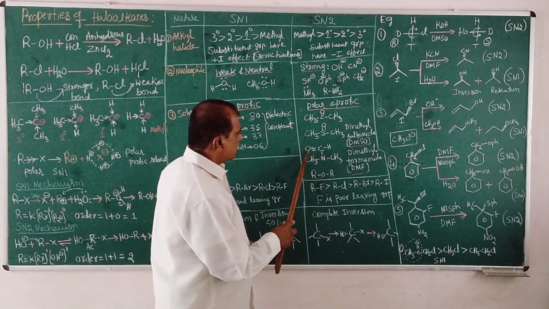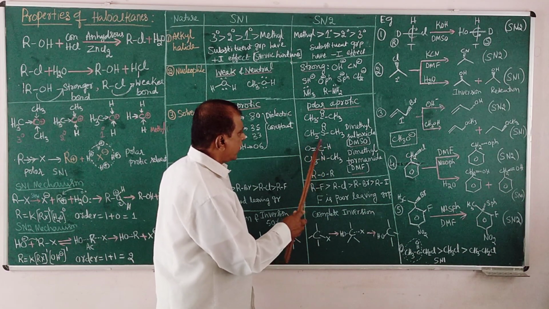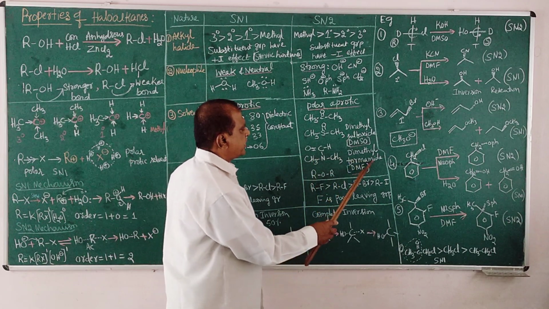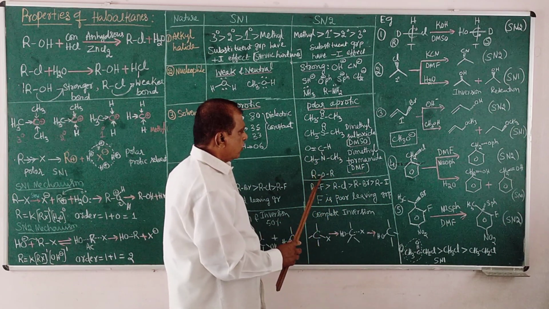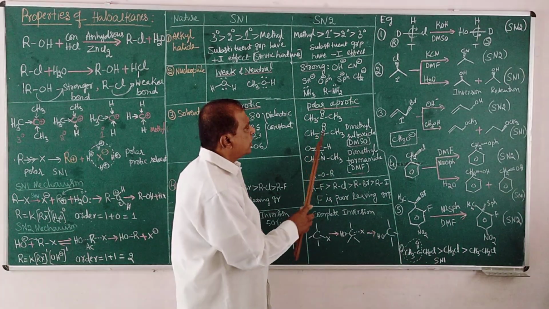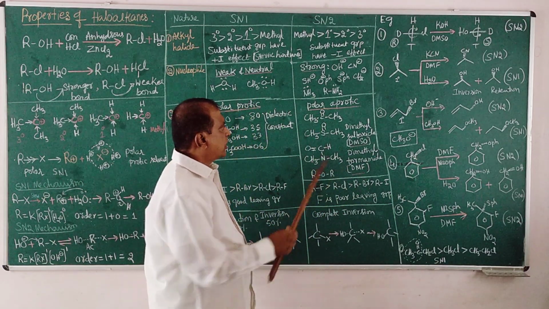And one more, this is an amide, that is formamide, dimethyl formamide. And one more, ROR, ether. These solvents are aprotic, not containing any kind of H plus ions, but polar.